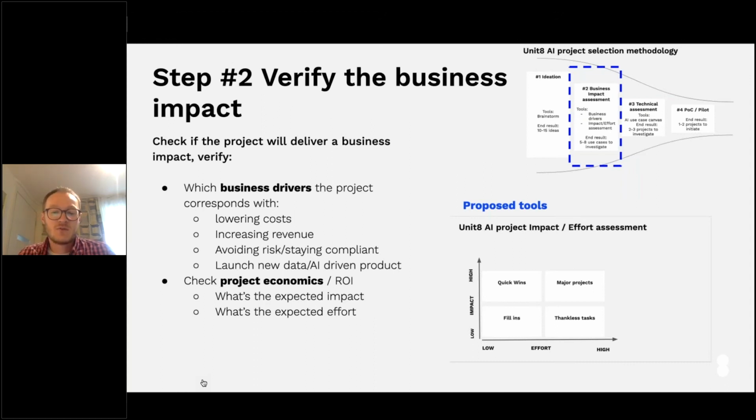And of course, the best projects are the quick wins, which are able to quickly prove the value, which are able to move on relatively quickly from the initial idea to the development.